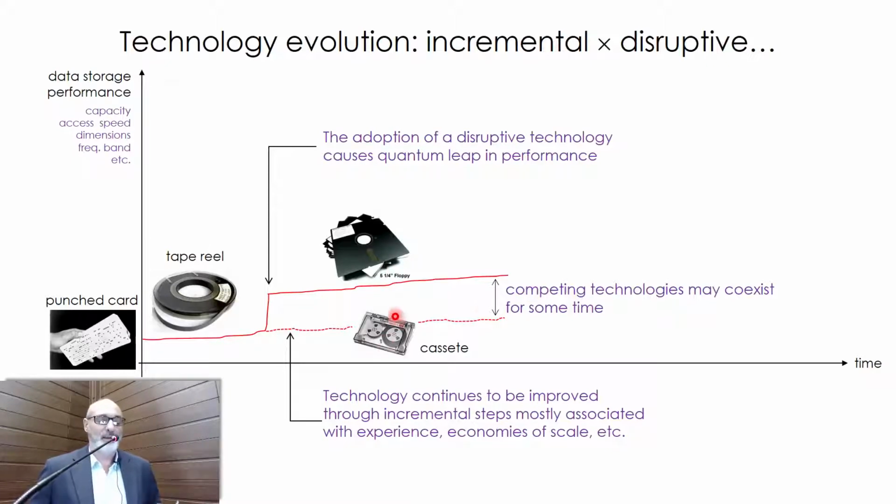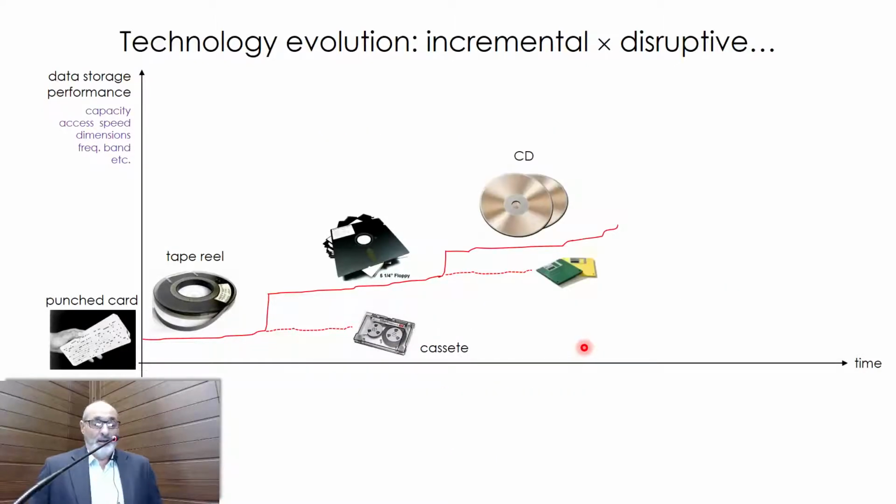This is very important actually because it's happening today. Competing technologies may coexist for some time, and "some" is very vague. It may be 1 year, 5 years, or 100 years, I don't know, okay? Yeah, so if you get the idea, we can, well, trace the history.